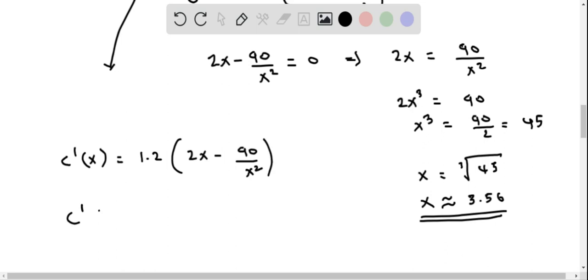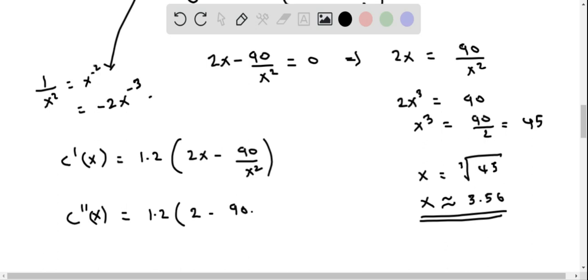Now let's find the second derivative, and this equals 1.2 times the derivative of 2x, which is 2, minus, here we have to find the derivative of 1 over x squared, which we can consider as x to the power minus 2, and its derivative when we use the power rule we get negative 2x raised to the power of negative 3, or otherwise we write this as negative 2 divided by x cubed.